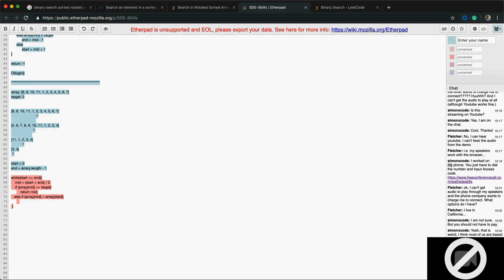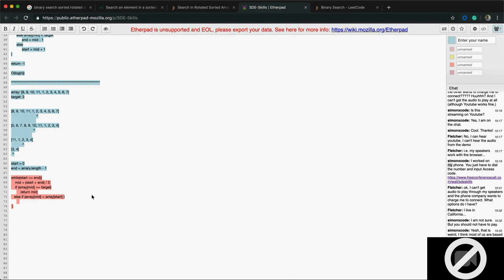Yes. So in this case, if array of mid is less than start, then the right half is sorted and the left half is rotated. Yes, you're right. So in that case, we also need to compare if the number we are trying to search is also greater than that.